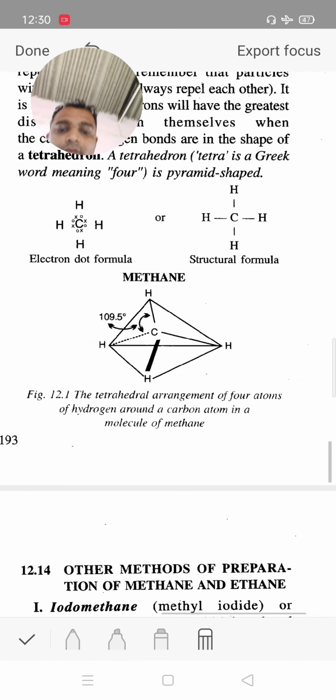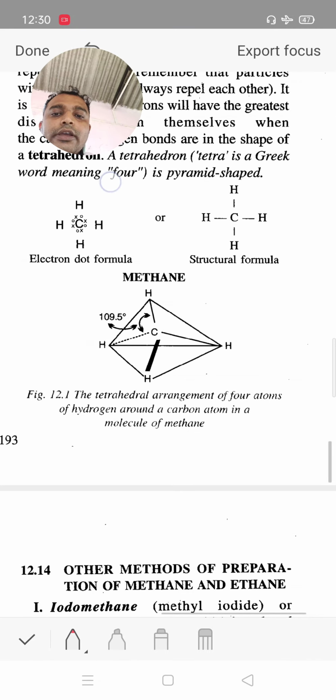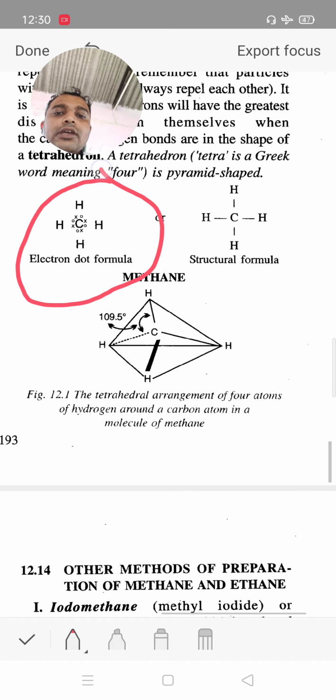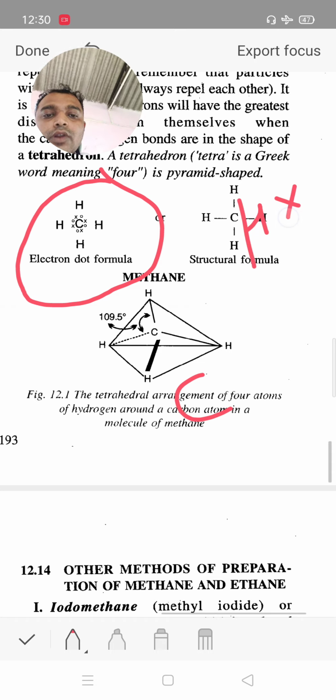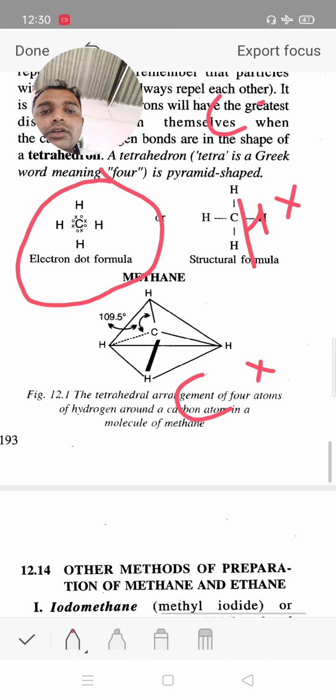Hello students, this is the electron dot structure of the methane molecule, having carbon attached with 4 hydrogen atoms. Hydrogen is shown in the form of a cross and carbon in the form of a dot.